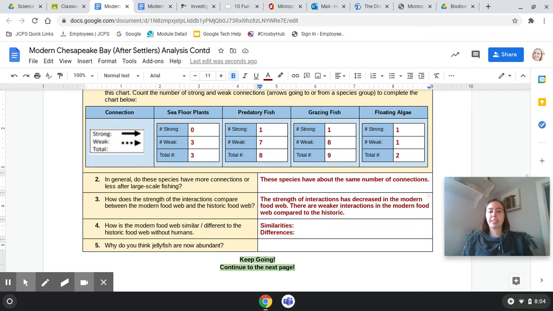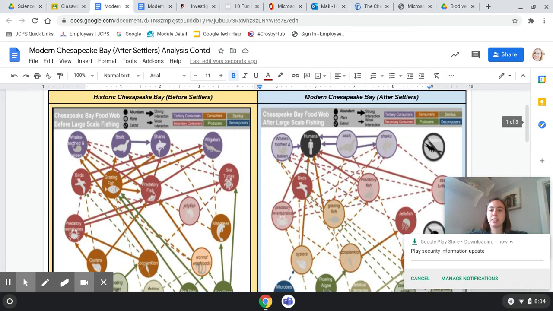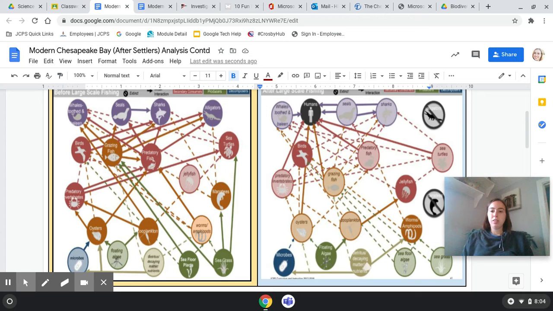Next, question number 4 asks us, how is the modern food web similar/different to the historic food web without humans? So first, we're going to put in similarities. So we're going to scroll up and analyze the 2 food webs, and we're going to see what is similar between them. And so we might notice that there's several of the same organisms in both food webs. We've got jellyfish, we've got birds, we've got seals.